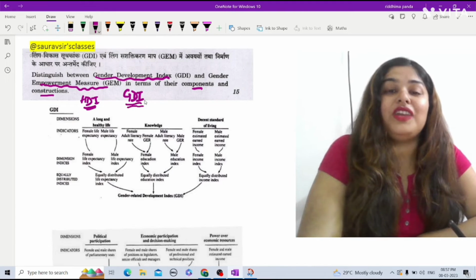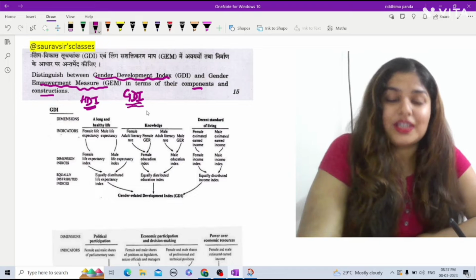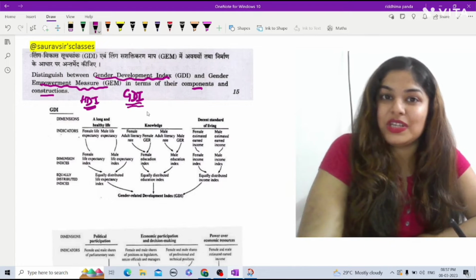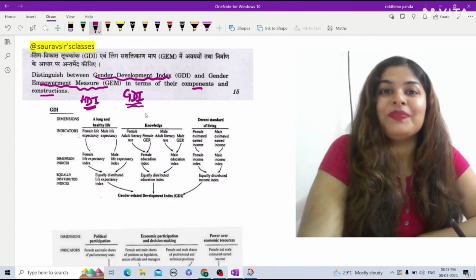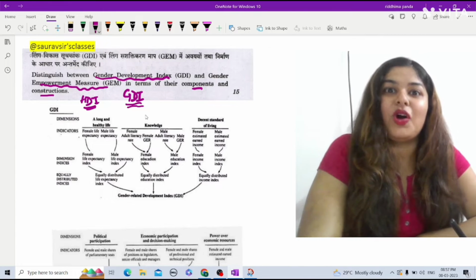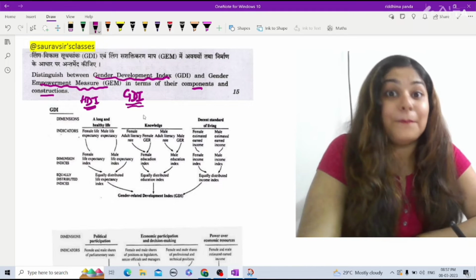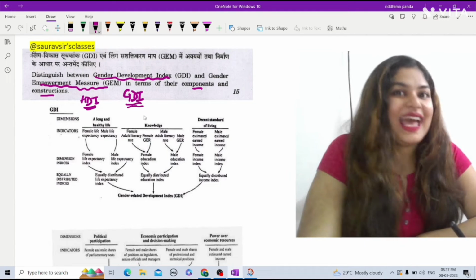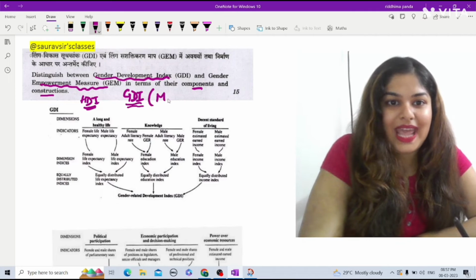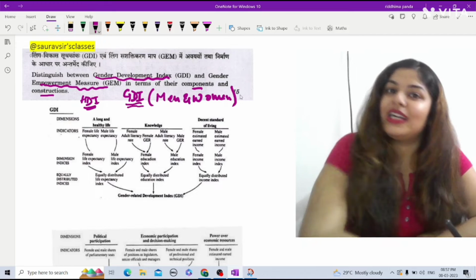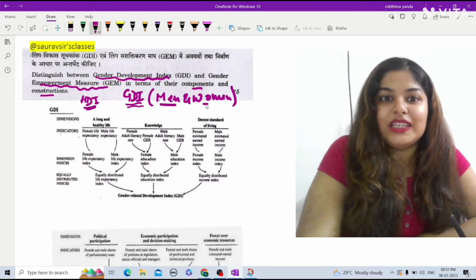Here we use the same parameters, that is life expectancy at birth, literacy rate, gross enrollment ratio, as well as income of the nation to check the rank, but for men and women separately, and then compare between these two measures.